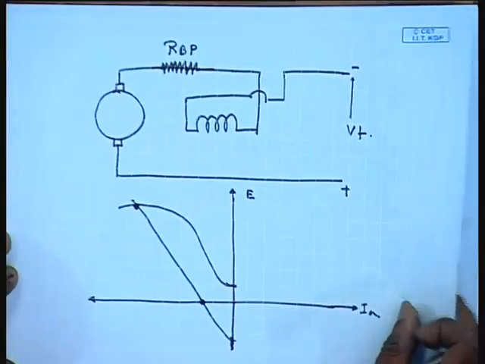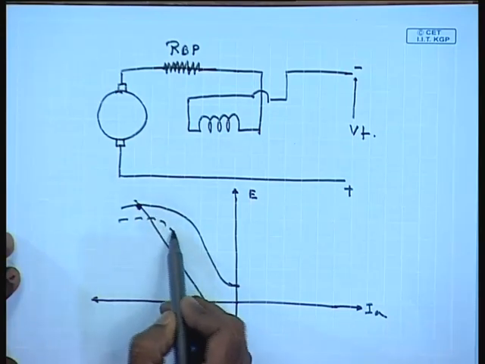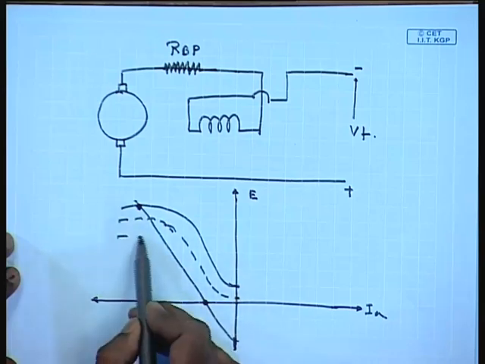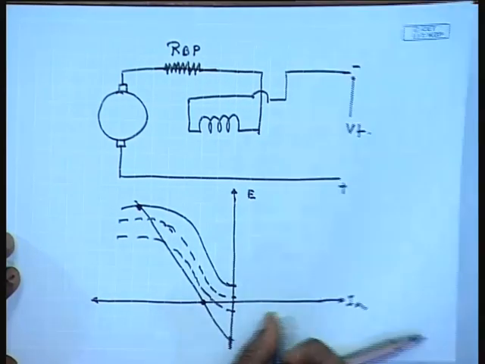Even here, as the machine speed decreases, the plugging torque will decrease, and it will be desirable to be able to vary the series resistance. This can be done with the help of a chopper.